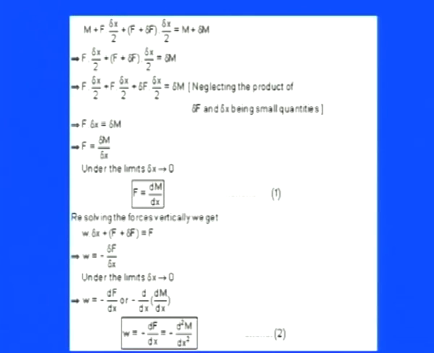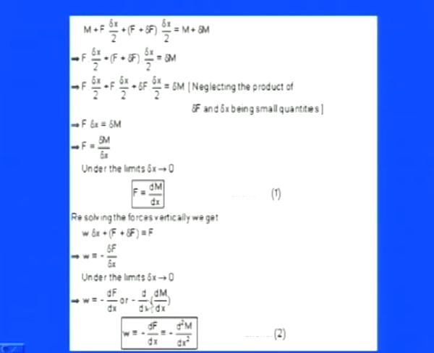F will cancel out, so we have W equals minus dF by dx, where the small segment dx is tending to 0, so we differentiate in a real manner. So W equals minus dF by dx, or we can say it is minus d by dx of dM by dx, because F, from the first equation, we can simply replace.